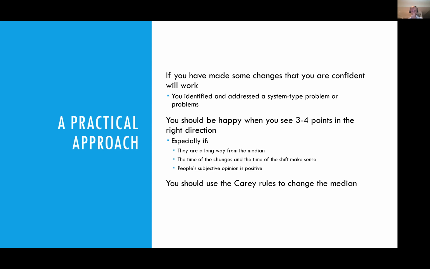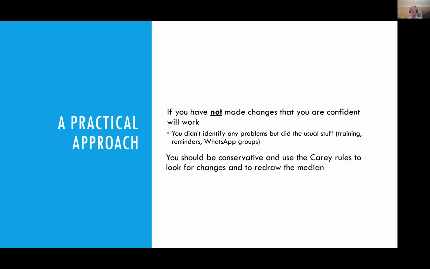You shouldn't be totally confident yet, but I think using the run rules to change the median is useful here. So when you start to see 7 or 8 data points, you use those 7 or 8 data points to change the median. You should be much more skeptical if you're not actively trying to change the system, or if you're just doing sort of routine stuff, okay?